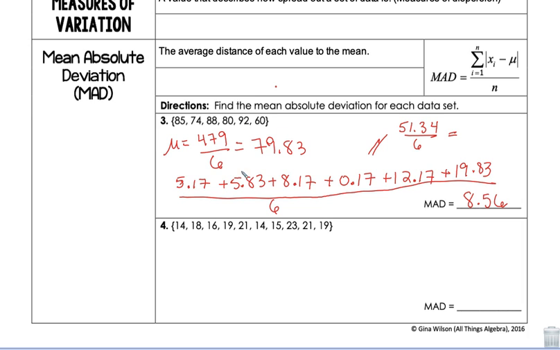Again, what I did was I subtracted, I did 85 minus 79.83 to get 5.17, and then these values, like 74 minus 79.83, that was negative 5.83, but I'm using the absolute value, so you're always going to be adding the positive values of the difference. Again, remember to pause the video so you can try number 4, and you should get 2.6.